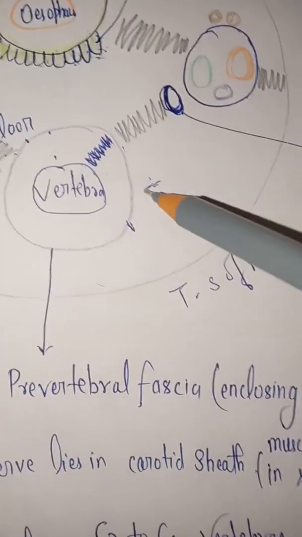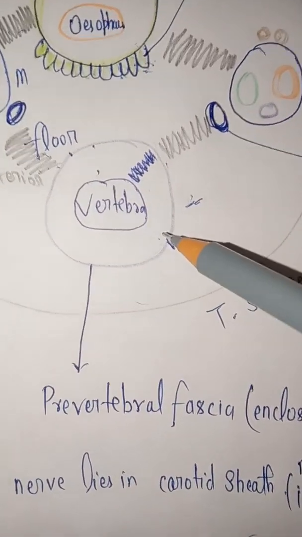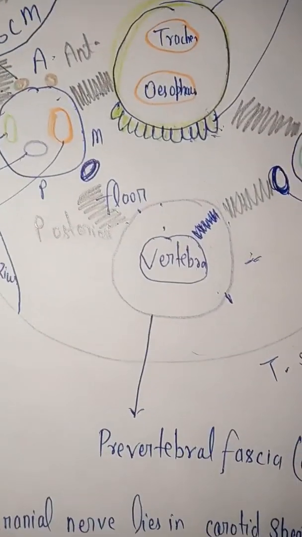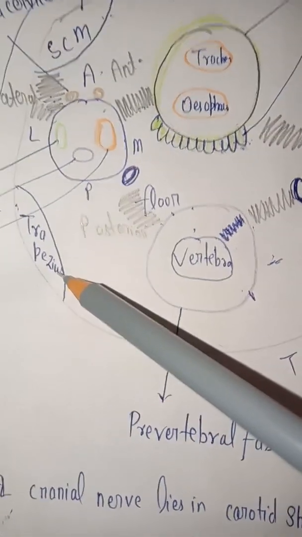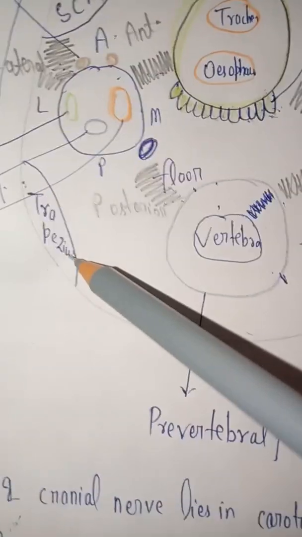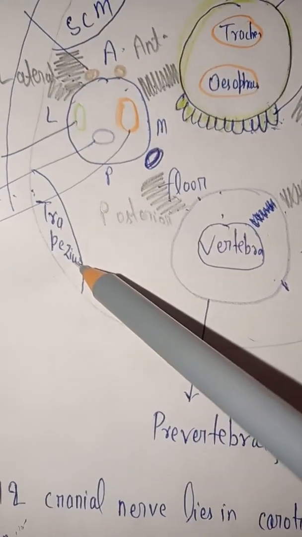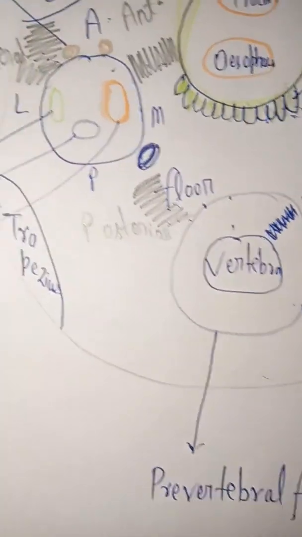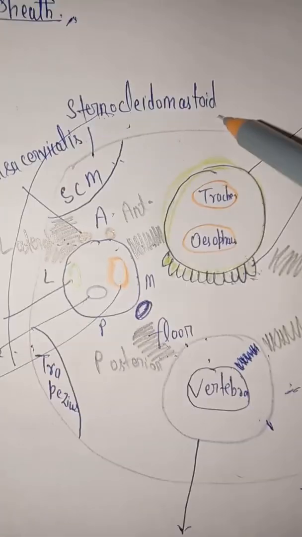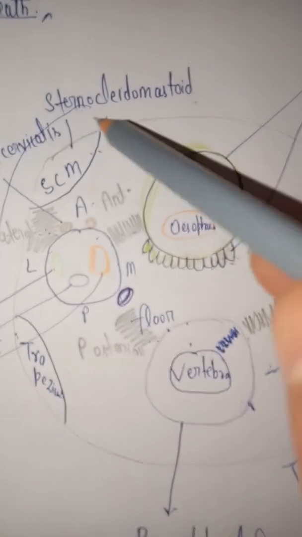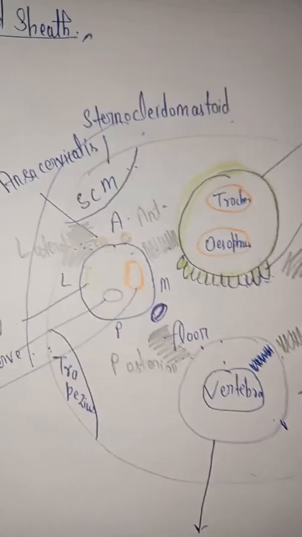So the floor is formed by the prevertebral layer and the roof is formed mainly by 2 muscles, sternocleidomastoid and trapezius. Trapezius is more superficial and lateral in the posterior triangle of the neck, while sternocleidomastoid is an example of a cruciate muscle that begins from the upper.